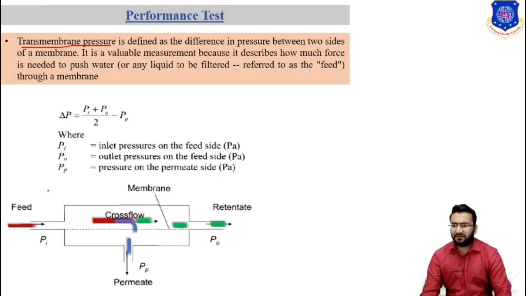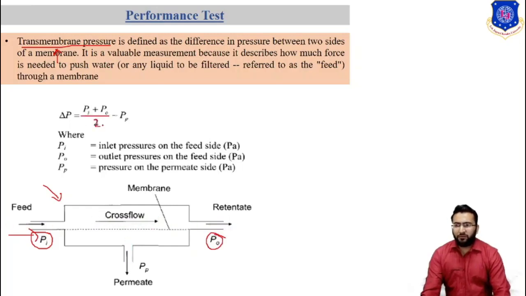So let's consider a membrane setup where the feed is going from this side. Transmembrane pressure means the average of the feed pressure and the outlet pressure, minus the permeate pressure, which is the pressure on this side.